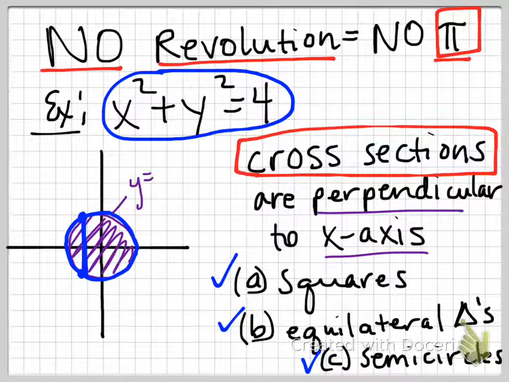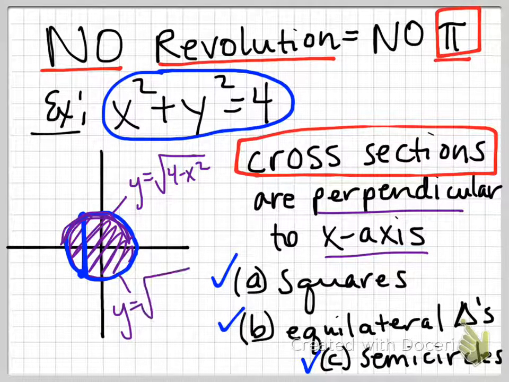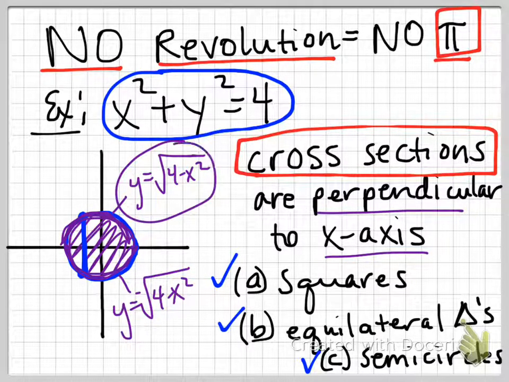The top half is the square root of 4 minus x squared when you get y by itself, and the bottom half is the square root of 4 minus x squared, except it's going to be negative because it's the bottom half of the circle.